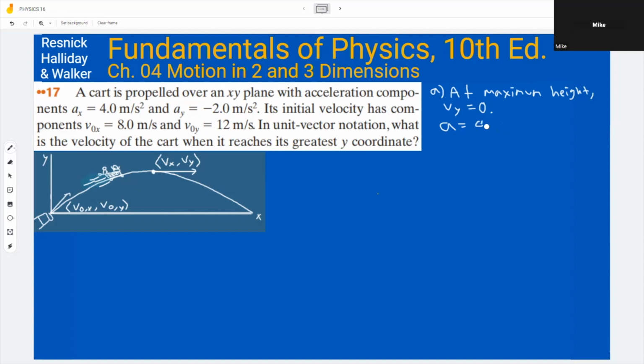Tapos, yung unit ilagay mo lang sa dulo. Tapos, meter per second square. Don't forget, lagyan mo ng vector sign yung A. Yan. So, ang V is going to be, pag in-integrate mo yan, with respect to t.